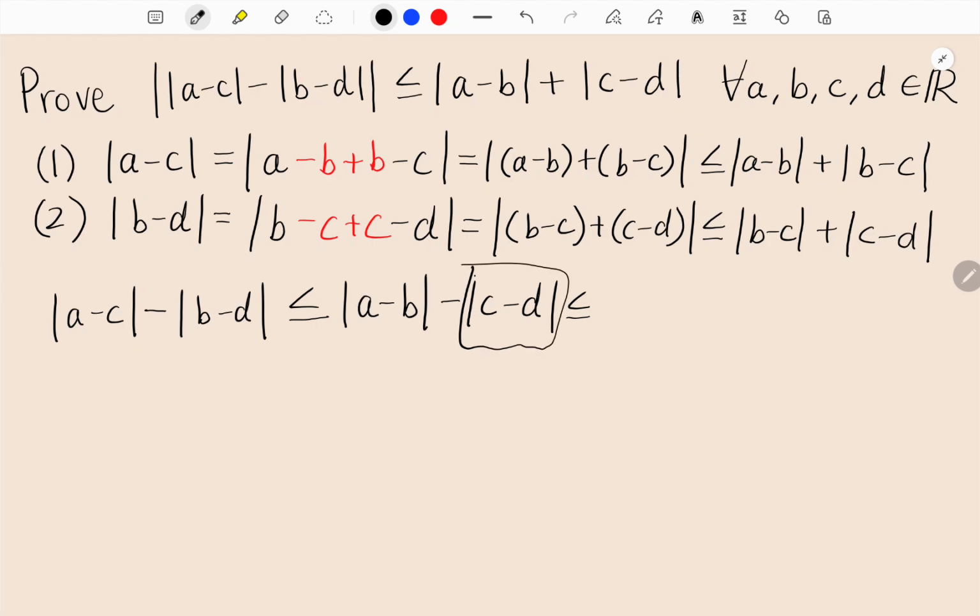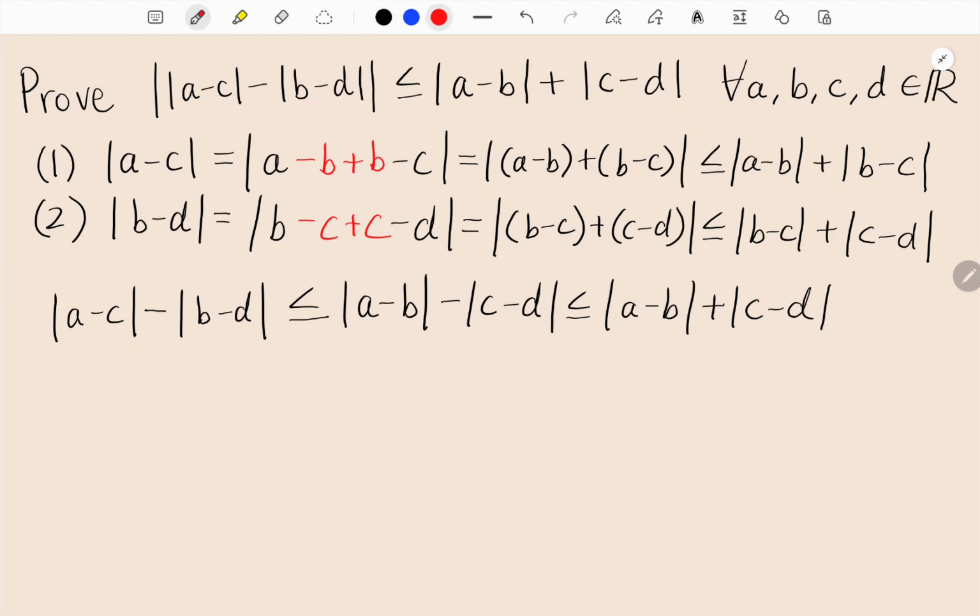The absolute value of c minus d is non-negative. So when you subtract the absolute value of c minus d from the absolute value of a minus b, this is less than or equal to the absolute value of a minus b, which is also less than or equal to the absolute value of a minus b plus the absolute value of c minus d.